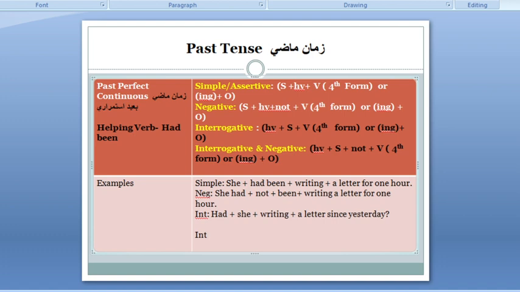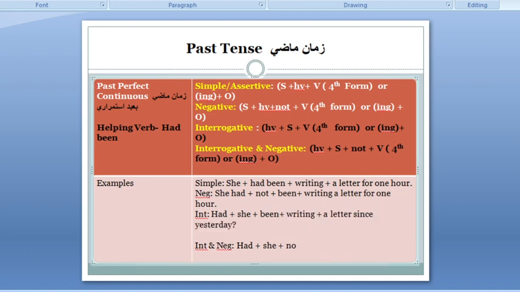Last one. Had she not, had she been, I have to use been, had she been writing a letter since yesterday?